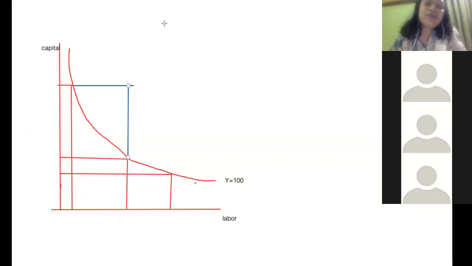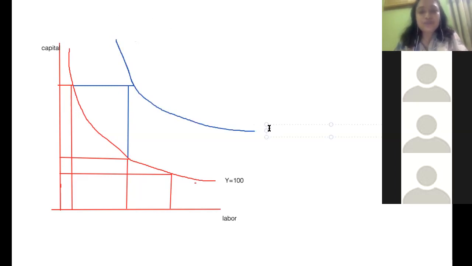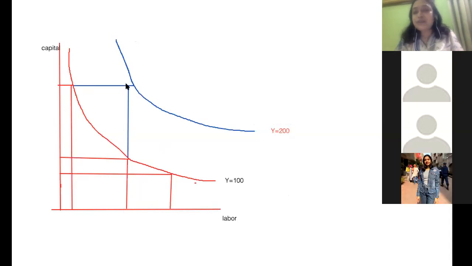Since you're increasing your factor of production, you should be able to generate more output, right? That means you will be moving to a higher isoquant. If you keep capital constant and increase your labor by exactly the same amount, you should be generating more output, so you move to a higher isoquant.